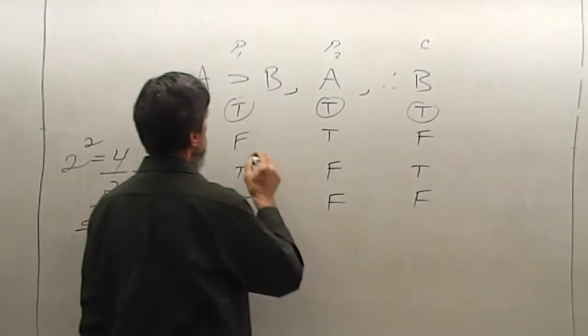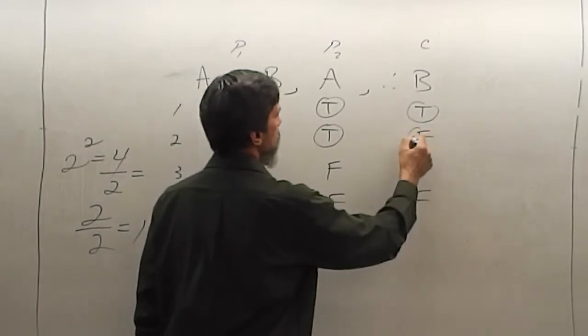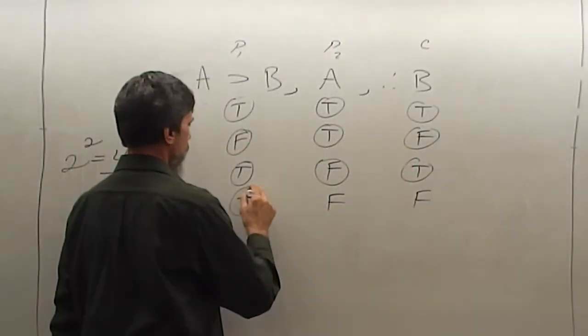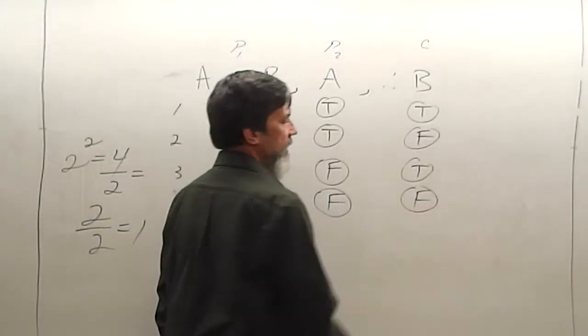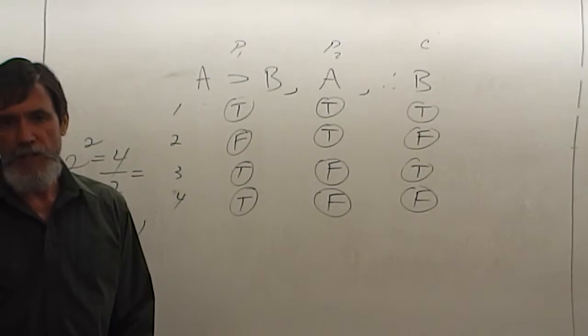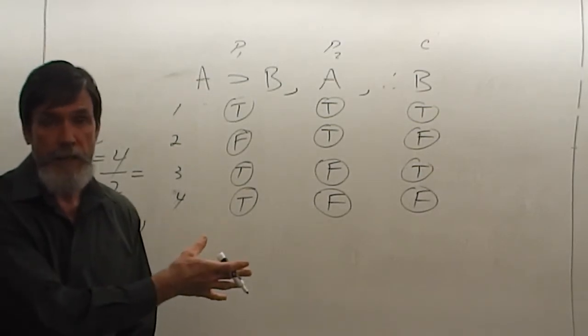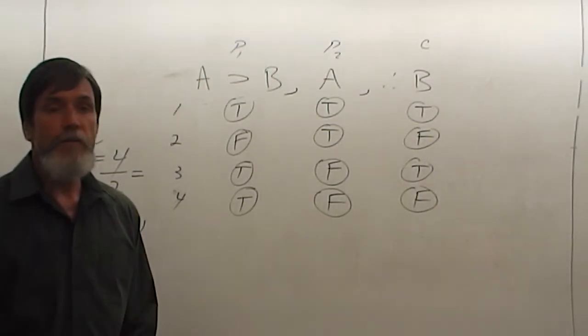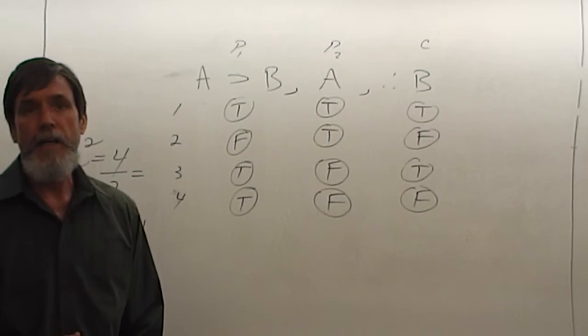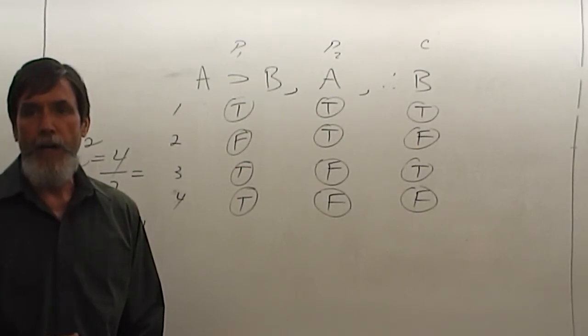Not there, not there, not there, and not there. It is not possible for those premises to be true and the conclusion false, because these are all the possibilities. Therefore, you interpret this truth table as indicating a valid argument form.